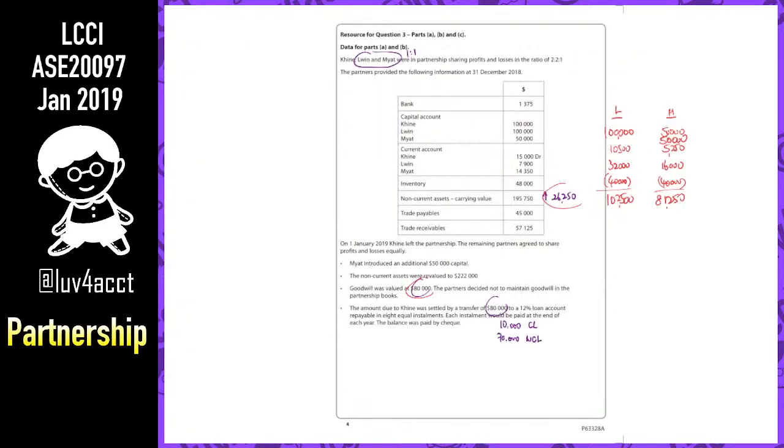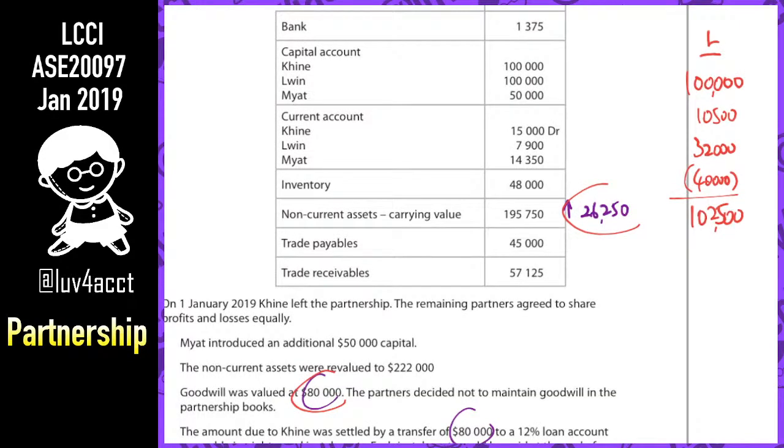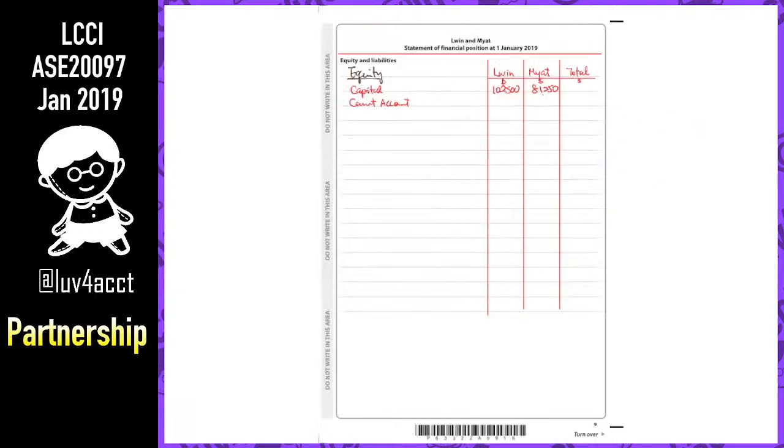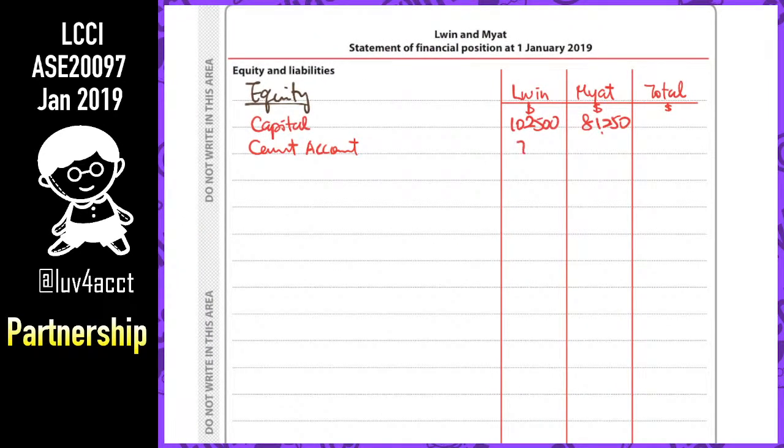Let us go to the current accounts of the two. 7,900 and 14,350. Just put the two amounts. 7,900 and 14,350. And the total: 102,500 plus 81,250 gives 183,750, and 22,250 for the current accounts. Add it to it.